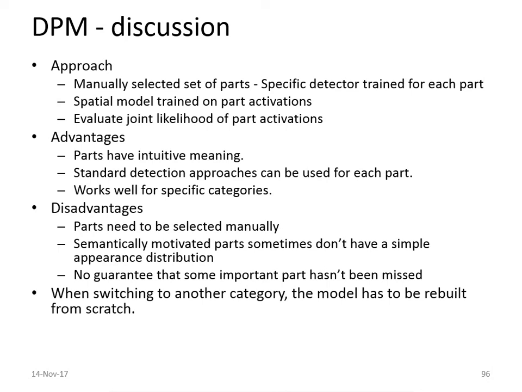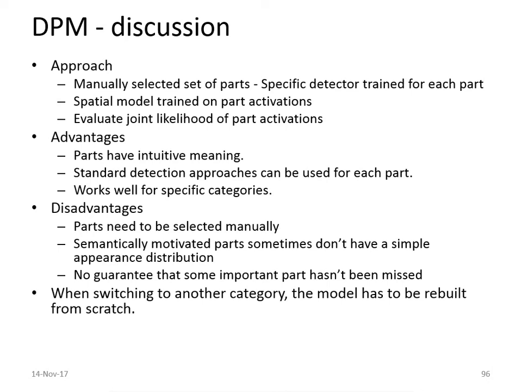DPM is just a summary here. As you can see, it's a pretty generic approach. You can use any kind of filters or any kind of feature detector to start with, even though it's common to use HOG.